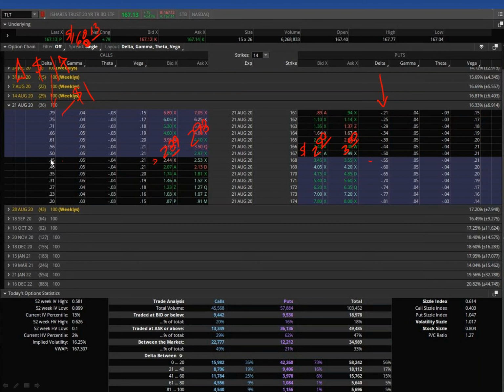So those would decrease. Vice versa, on the put side, a negative $1 plus a negative delta, a negative plus a negative, equals a positive. So it would increase our put premiums for those corresponding strikes, okay? So pretty simple there so far, right?